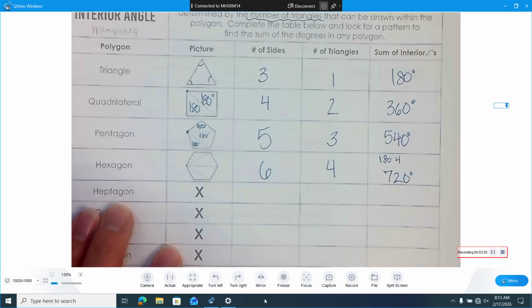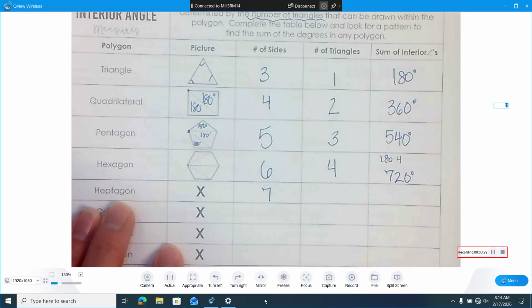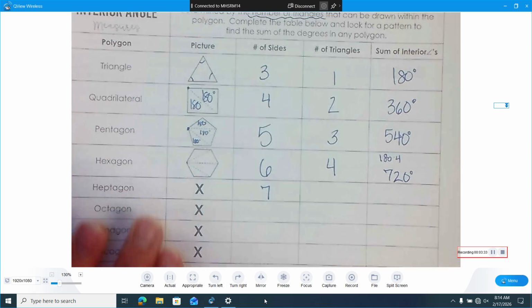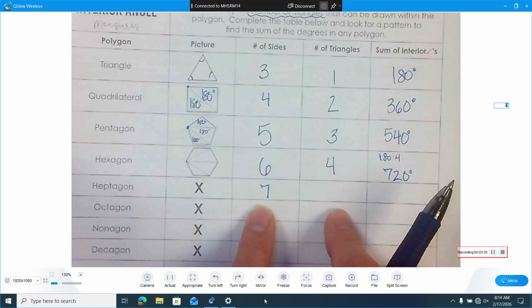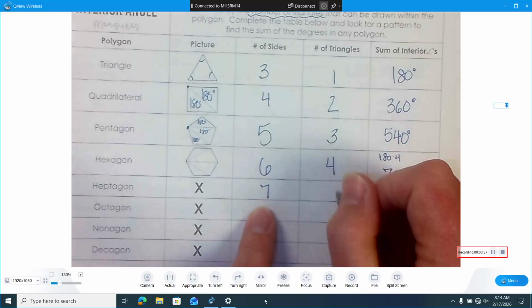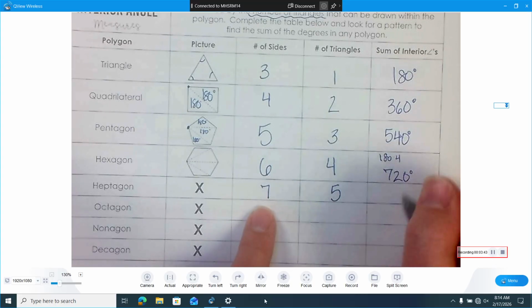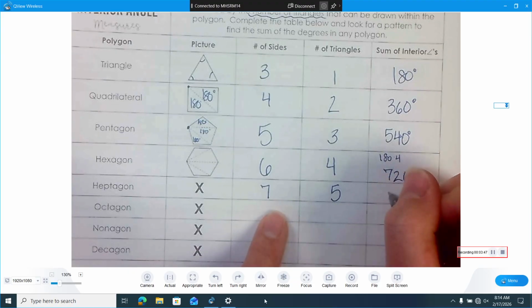What's a heptagon? 7-sided, yep. How many triangles would we be able to draw in a heptagon? How'd you figure 5? There's definitely a pattern. Yes, there is. All right, and so how do we figure out the sum of the interior angles? Yeah, 180 times 5. Very good.